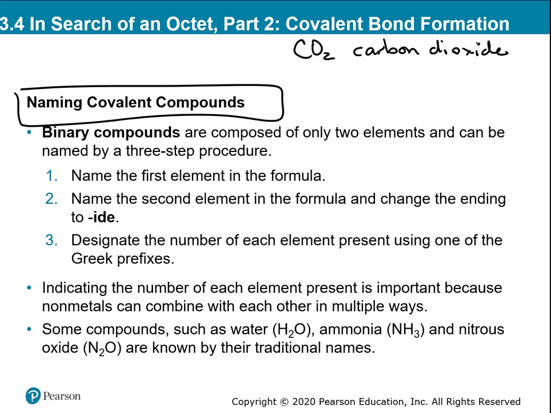You use the first part of the second element plus IDE. But I have this di. Di tells me that's 2 oxygens. I have to have a number prefix because carbon and oxygen can actually combine in a lot of different ways. I can have all of these.